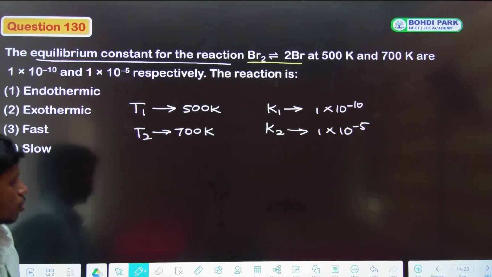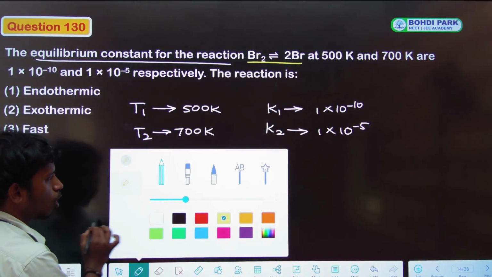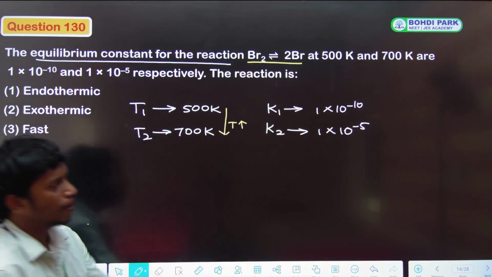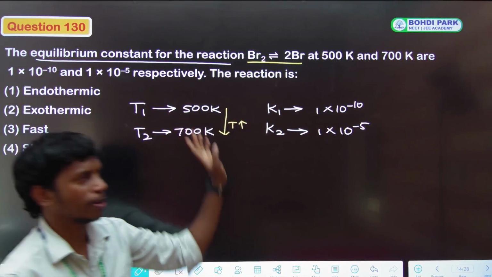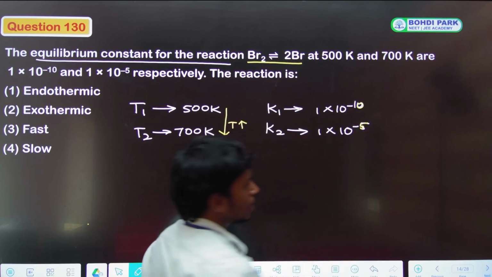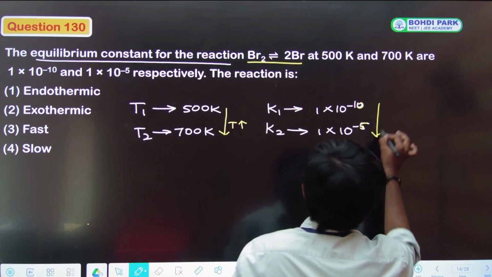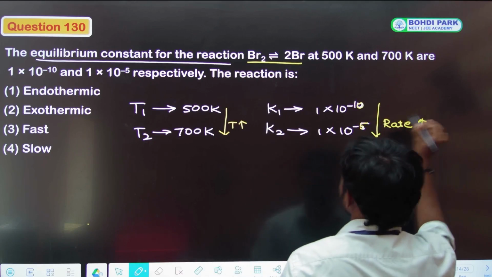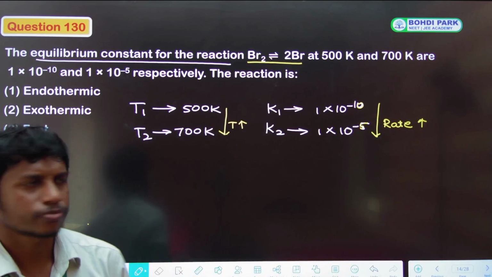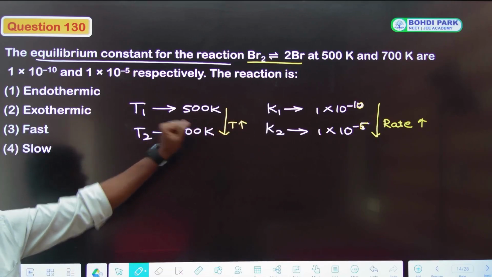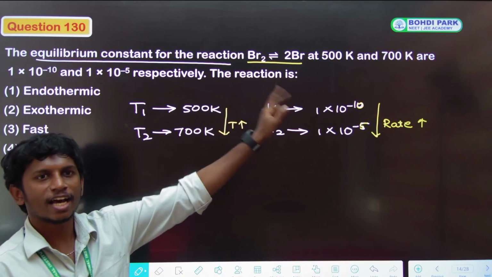Okay, so the simple trick in this problem is, if temperature increases, what is happening to the rate constant? See what happens. Here it is 10 to the power minus 10, here it is 10 to the power minus 5. So the rate is increasing. We always look at the forward reaction. So when temperature increases, when does the rate increase?